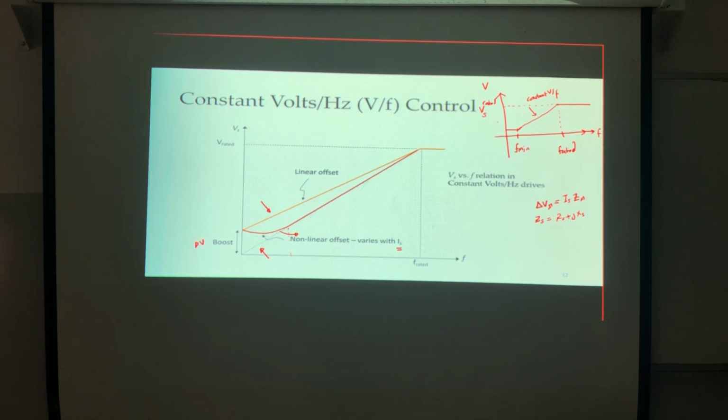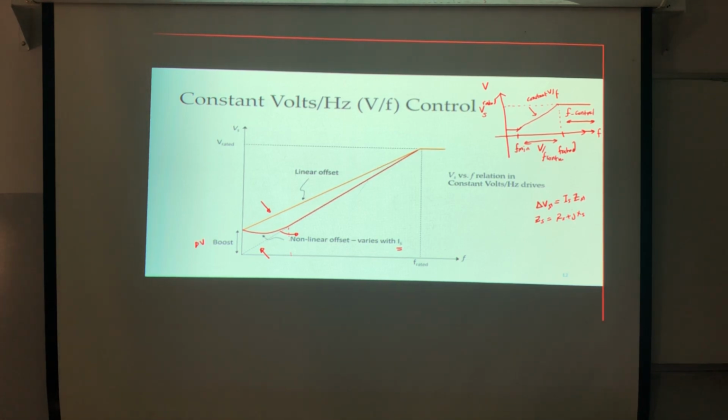This relation contains the constant V over F, and this one is variable F, constant V. Frequency control. So this one is F control, and this is actually V over F control. And this here is the modified or the boost V over F control.